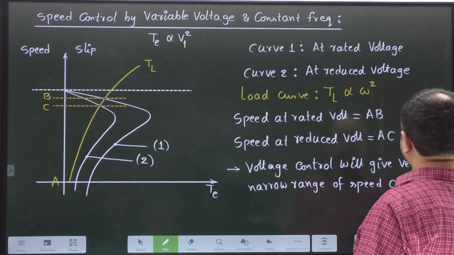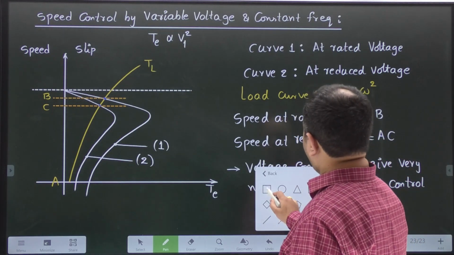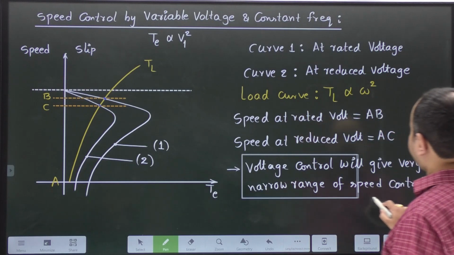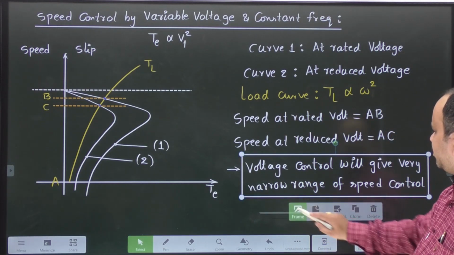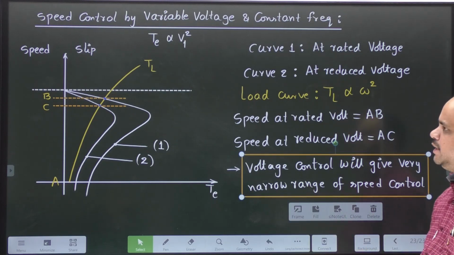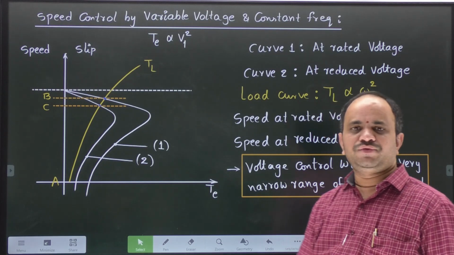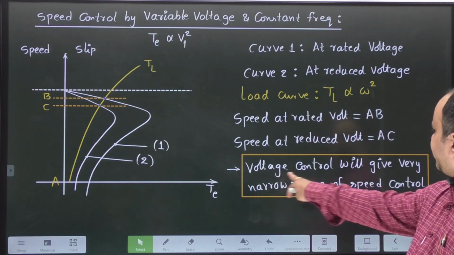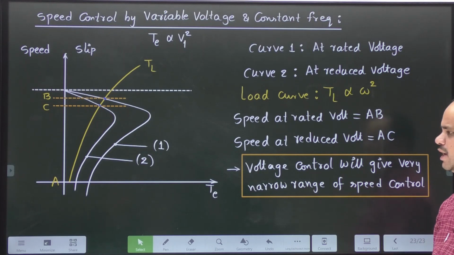Why? Because when you observe here, the load torque operating points AB and AC, the difference between AB and AC is very less. Voltage control will give a very narrow range of speed control.